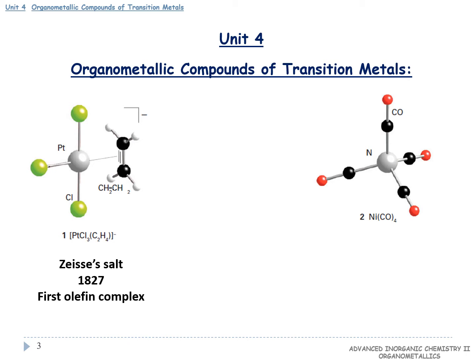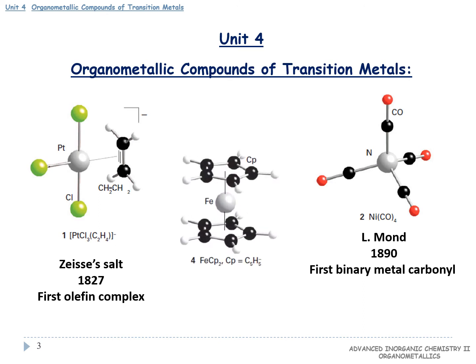The first binary metal carbonyl was obtained by Mond in 1890 by serendipity, and some other D-block organometallics were also synthesized in the 19th century. Anyway, it was not until the discovery of ferrocene, an extraordinarily stable organometallic compound, that the organometallic chemistry of transition metals really blossomed.